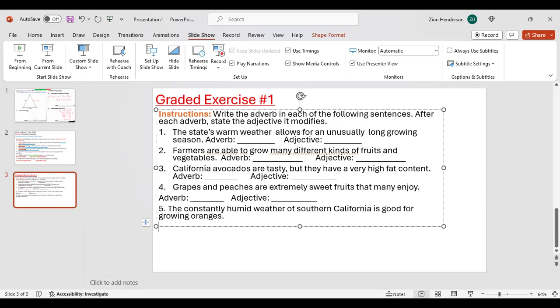And in that case, I want you to tell me the adverb and the adjective.